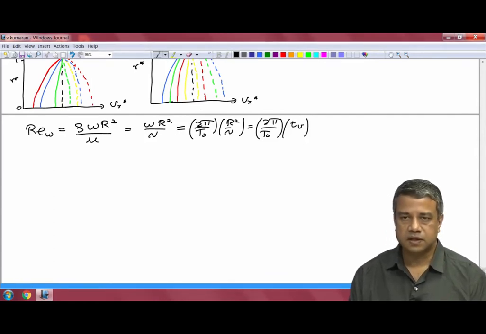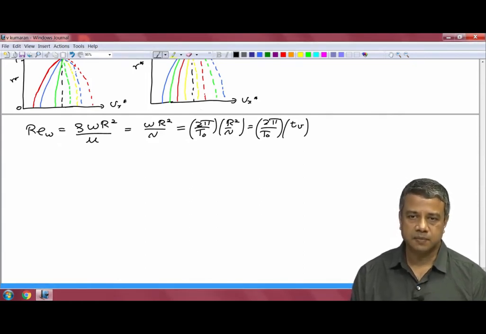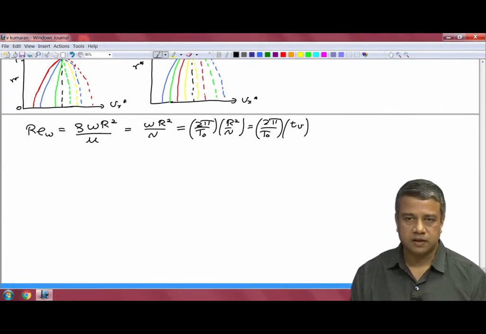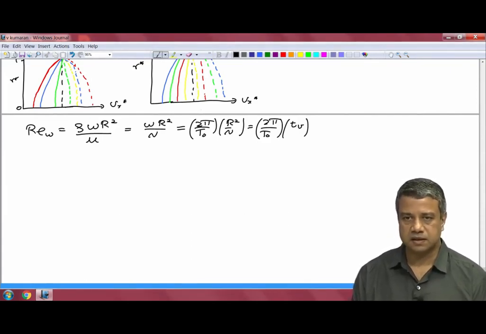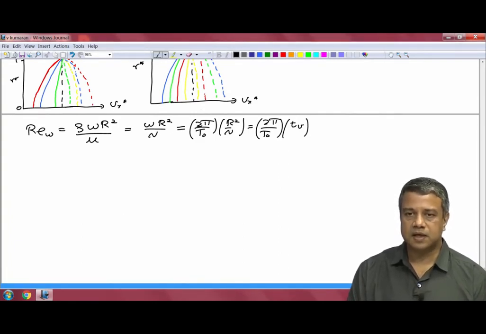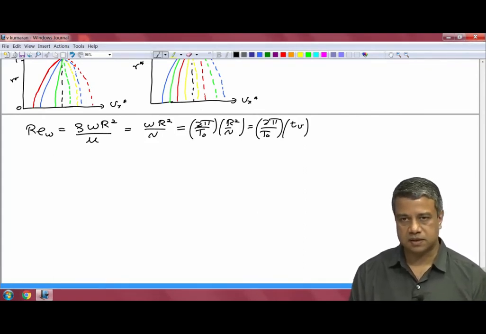If the viscous diffusion time is much smaller than the time period of oscillation, then momentum diffuses rapidly across the entire cross section of the pipe within the time it takes for the pressure gradient to change, due to the pressure oscillations.